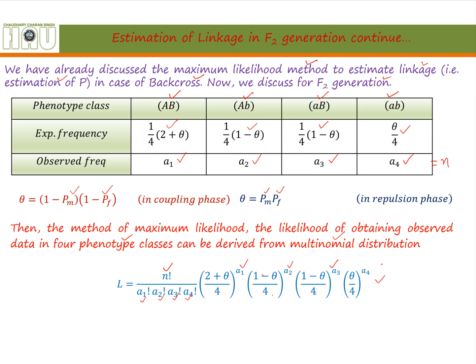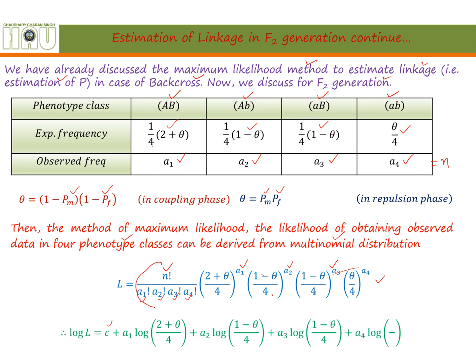In order to simplify it, we will take the natural log of this L. So log L can be written as C, because n is constant and these are all constant, so it is C plus A1 log (2 plus theta) by 4 plus A2 times log (1 minus theta) by 4 plus A3 times log (1 minus theta) by 4 plus A4 log theta by 4.